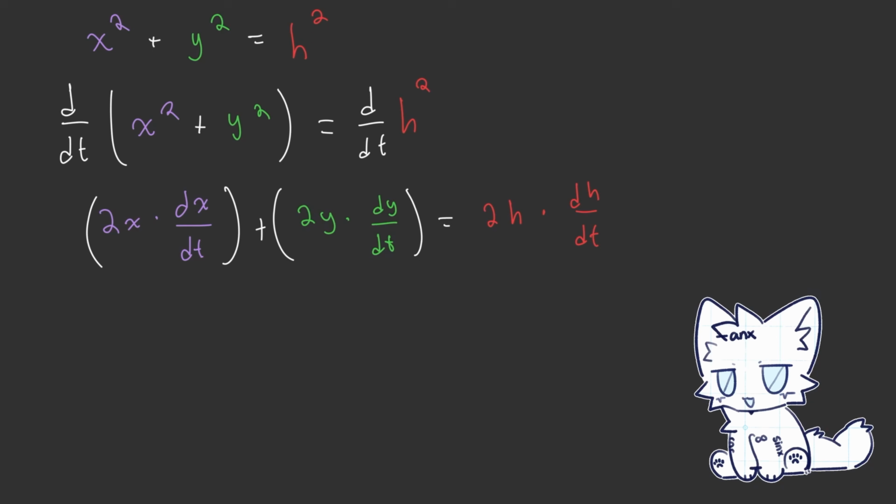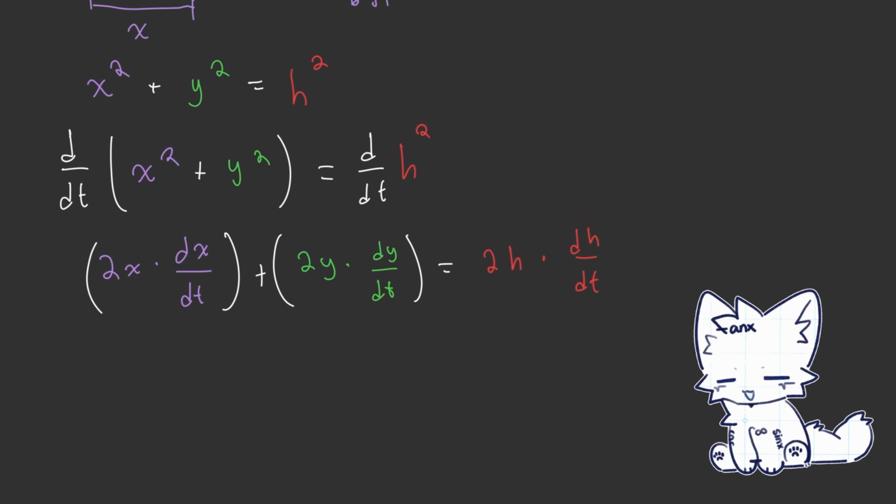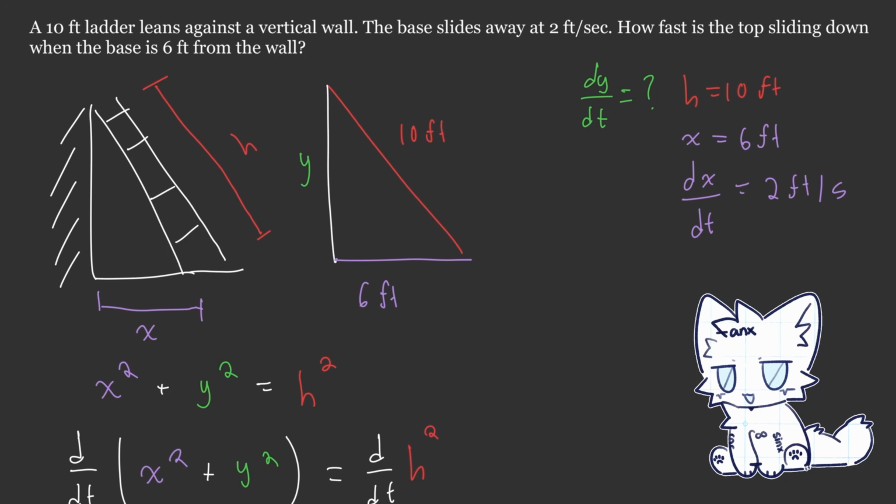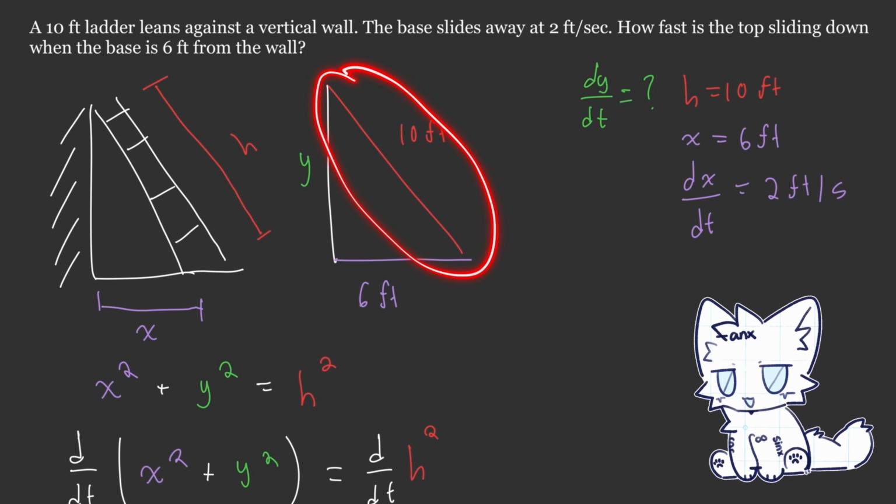What can we do about this side of the equation? dh/dt is saying the rate at which the ladder length changes with respect to time. But if we look at our situation, does the hypotenuse of the ladder change? Does this length ever change?